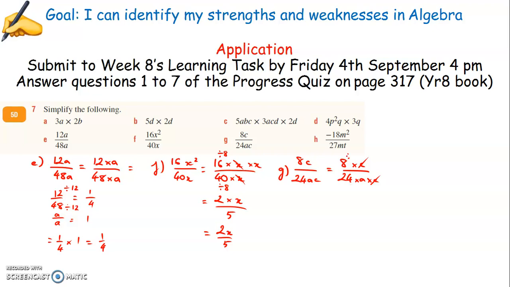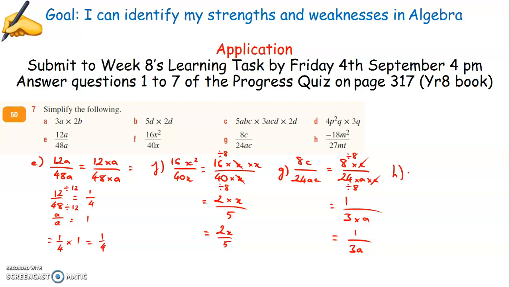Well, that's 8. How many times can 8 go into 8? 1. So at the top, we just have 1. At the bottom, how many times can 8 go into 24? 3 times. And also we have the letter a. So we have 1 over 3a.